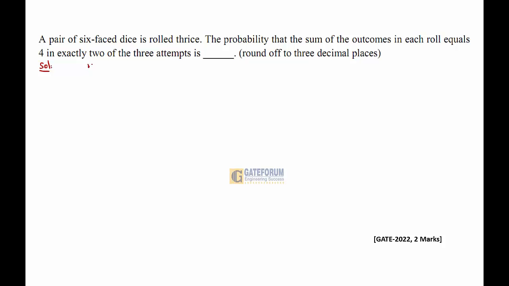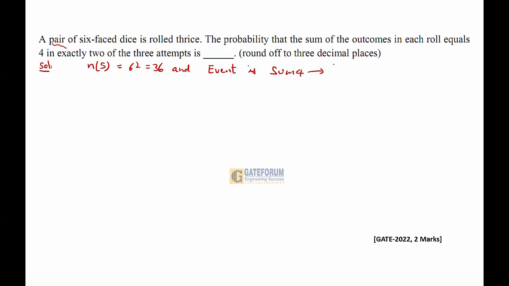Here n of S, that is total outcomes in the sample space, where S is the sample space. Rolling a 6-faced pair means 2 dice, 6 square, 36. And the event is sum 4.